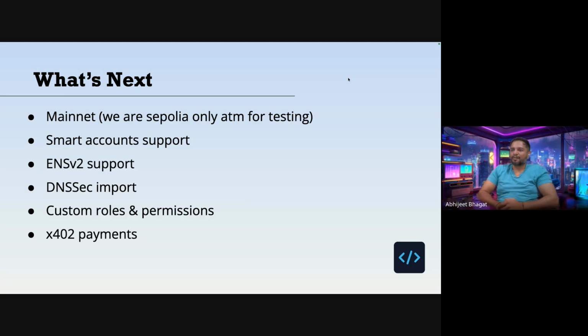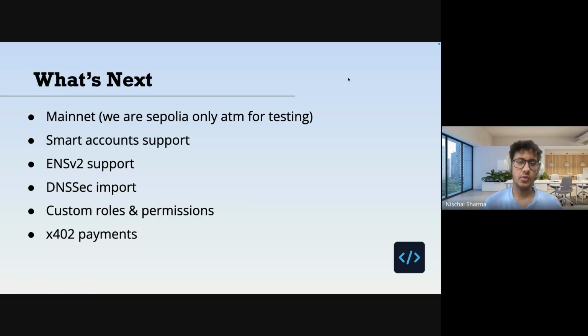Moving on to custom roles and permissions. What are we actually doing with this? Suppose you have a team member and you want to give a role to him, like the team member is just a viewer, so he can only view the records and he can't change them.